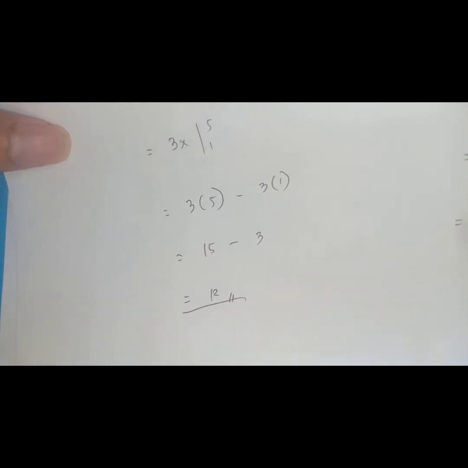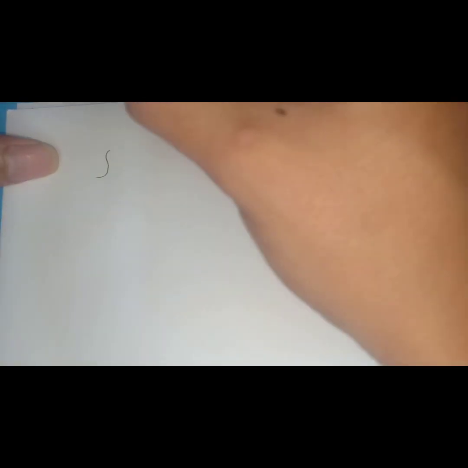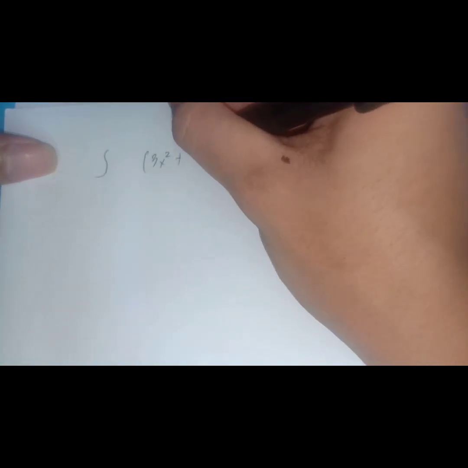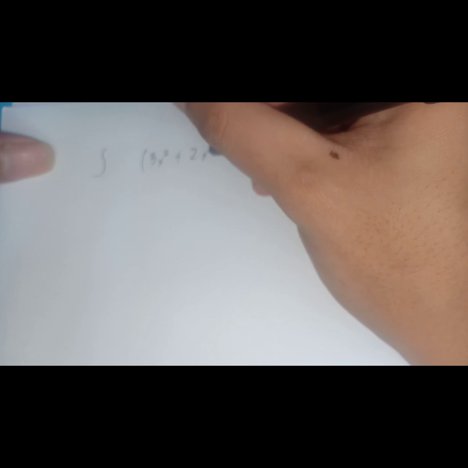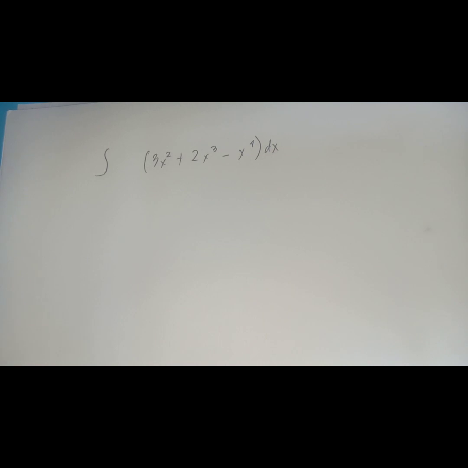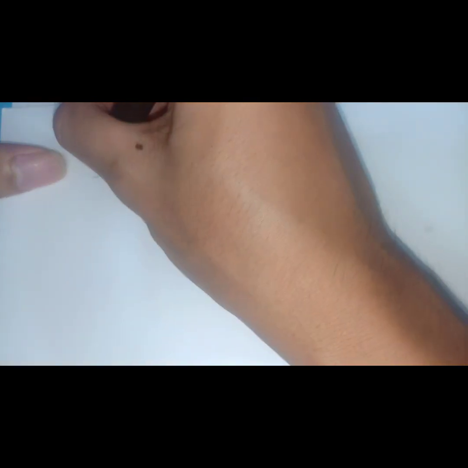And we're going to proceed to the definite integral of polynomials. We are going to have the first example: the antiderivative of 3x squared plus 2x cubed minus x raised to the power of 4 dx evaluated from -1 to 2.